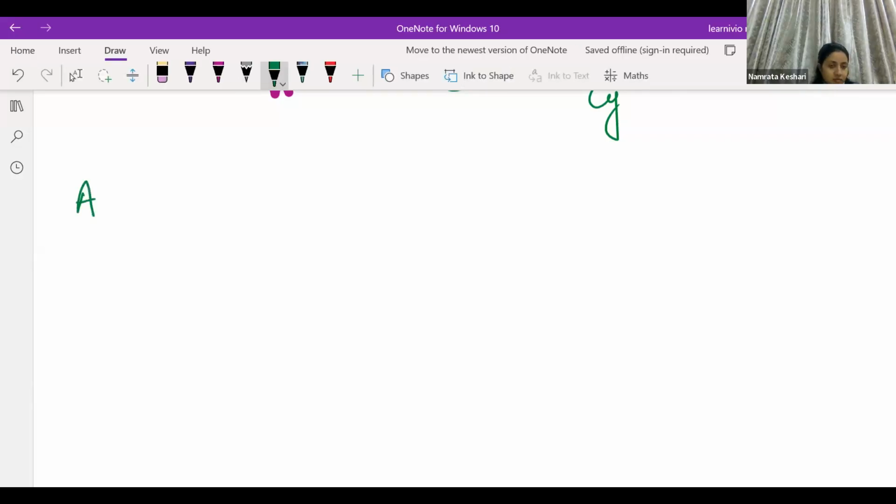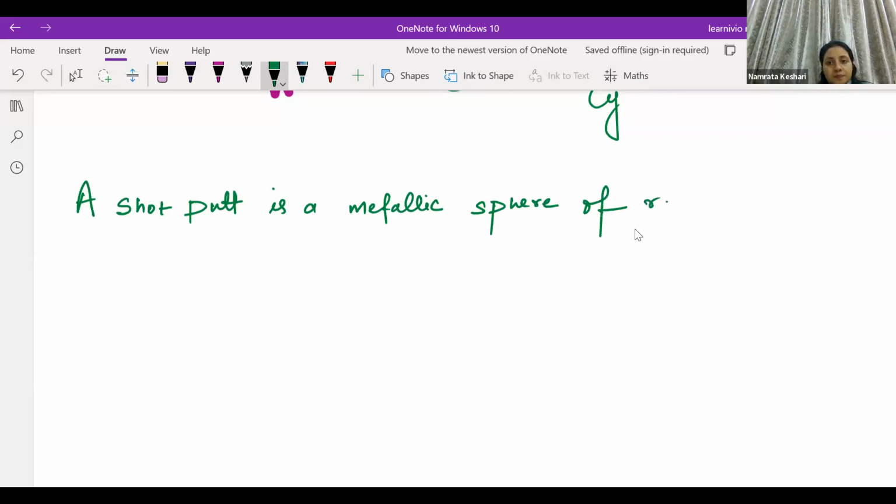A shot put is a metallic sphere of radius 4.9 centimeter.